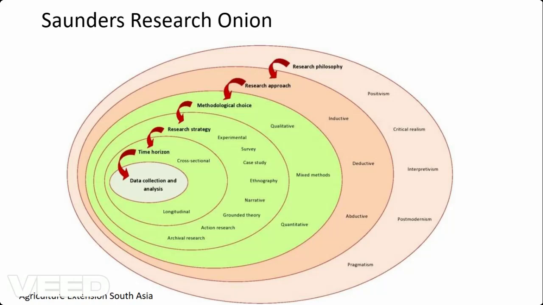You also need to decide the collection mode of your data, depending on your research philosophy, your research approach, your methodological choice, and also your research strategy and timeline. All these are aligned and must be aligned.